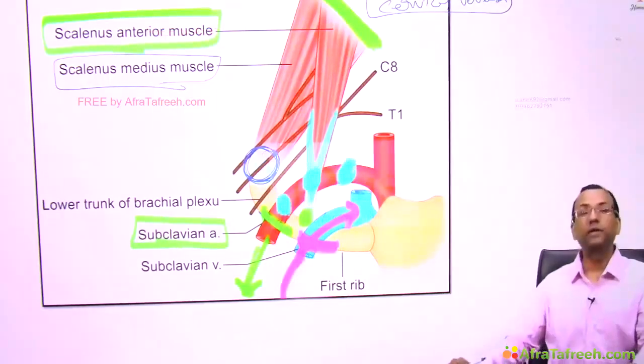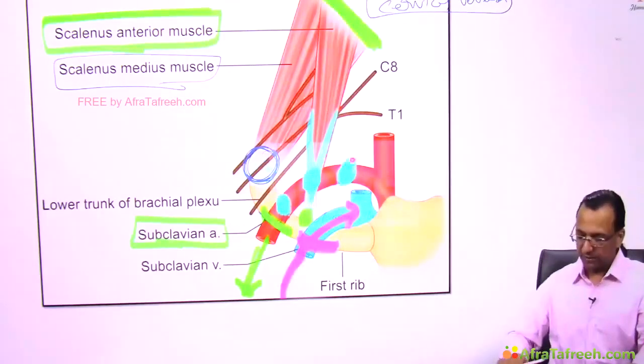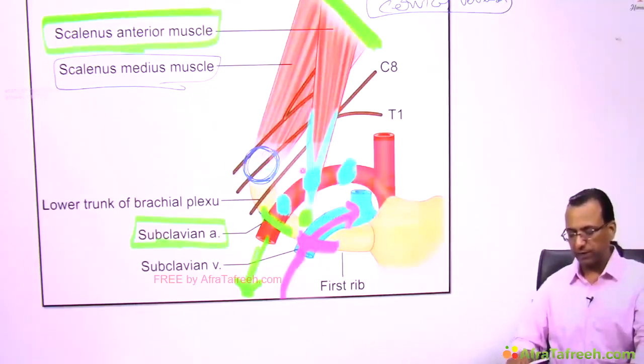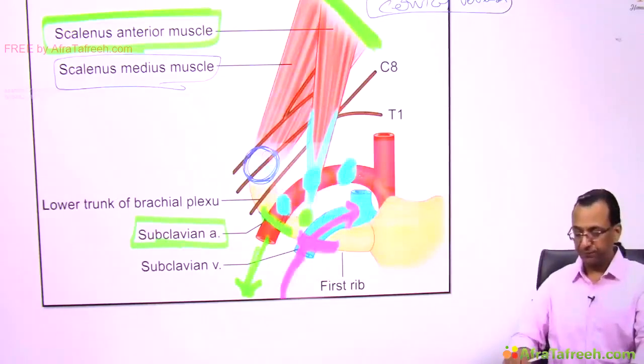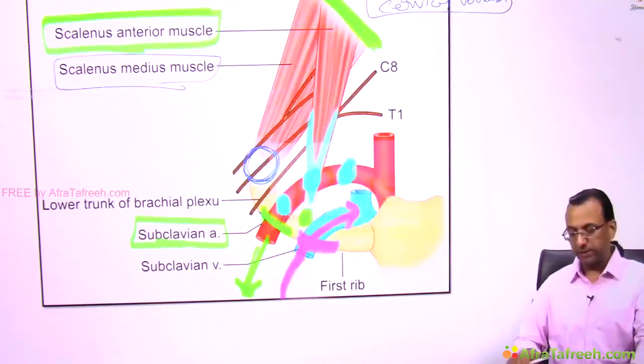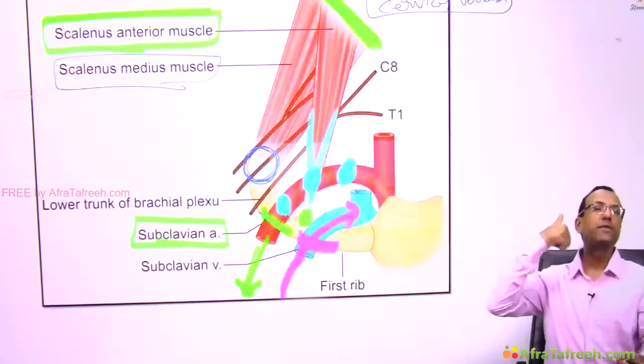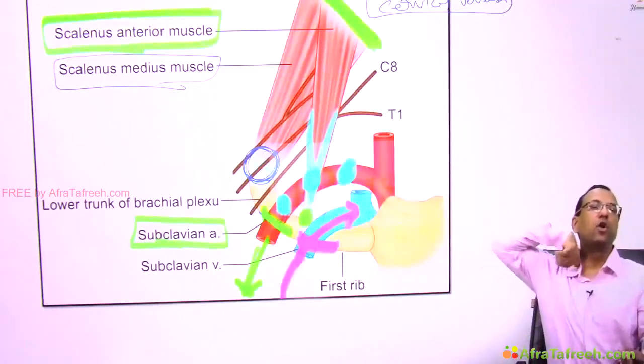And I'm blocking which part? The third part, by compressing it upon the first rib. Take your thumb and compress the third part of the subclavian on the first rib.